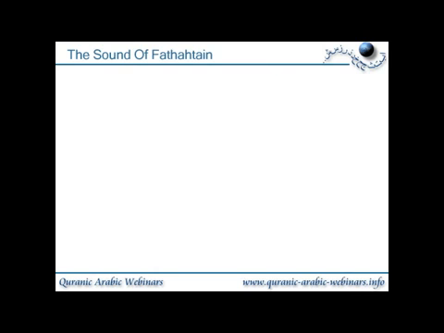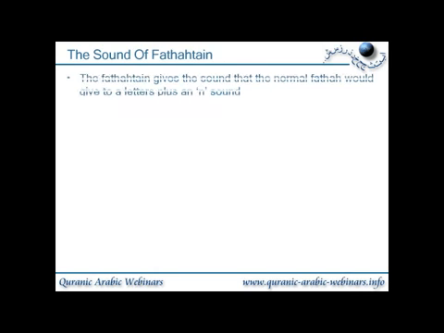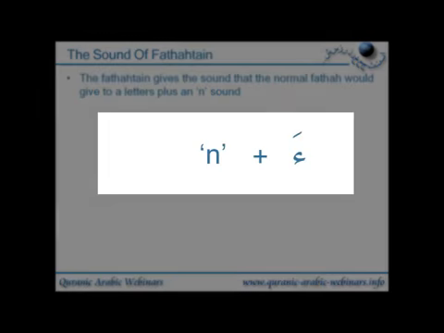So the sounds of Fathahtain. The Fathahtain gives the sound that the normal Fatha would give to a letter plus an N sound. So here's an example. We have Hamza with Fatha, so that would normally give the sound of just A, and if you add an N sound to it, you get the sound of An.